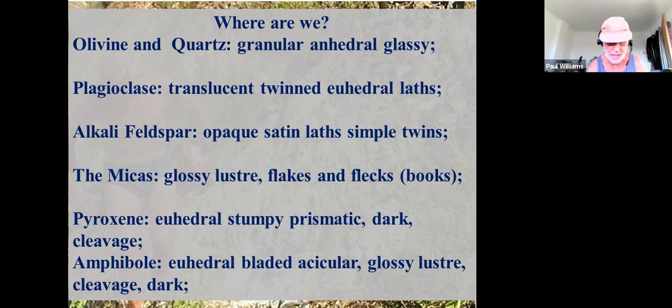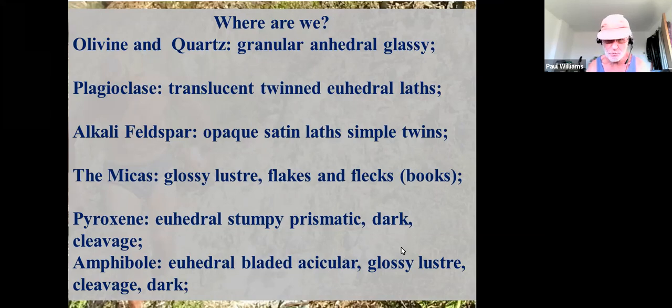And then we looked at the amphiboles, and the thing that characterized the amphiboles generally was the bladed, almost needle-like crystal habit that tended to be quite dark, but very glossy. And if you remember, we talked about having both pyroxene and amphibole together.